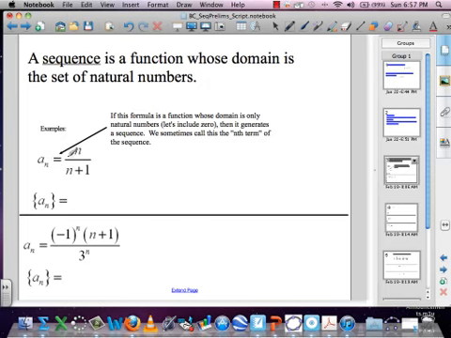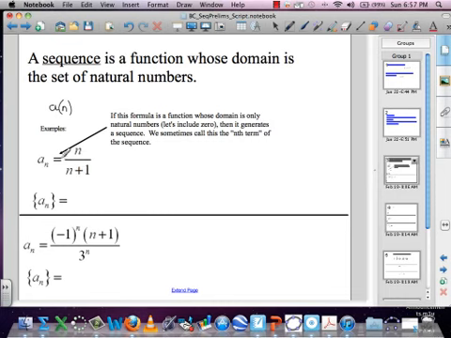So here's an example of a sequence generator. We use the notation a sub n. N takes the place of x, and we could just as easily write a of n, but I'm just showing you what's traditionally done. They use a subscript. A sub n is our formula for our sequence, and it is defined, sometimes not with a formula, but in general it will be, as n over n plus 1.